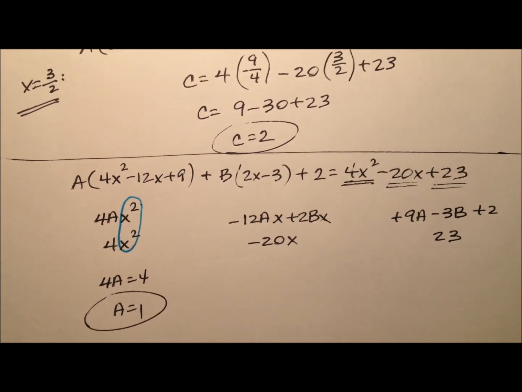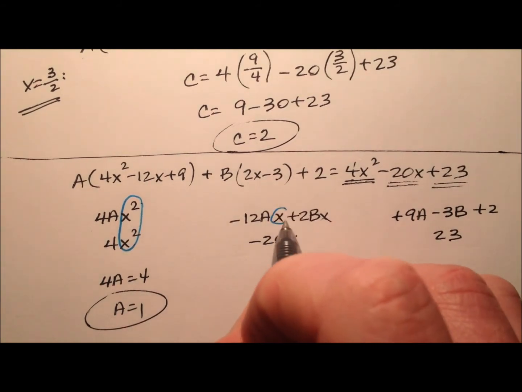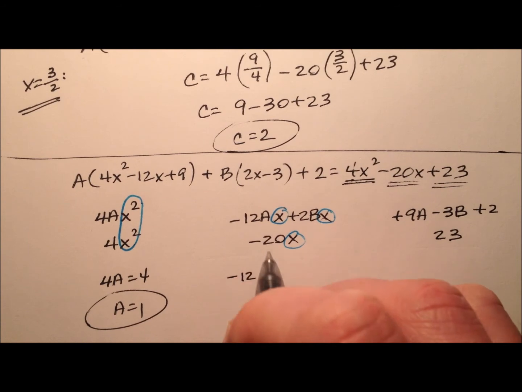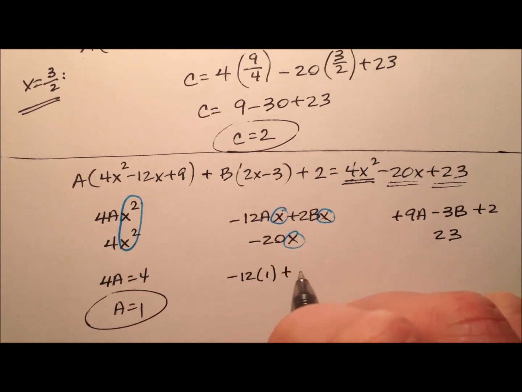If a is 1, let's put it here. Again, all of these have x's, so I can focus only on negative 12 times a, which was 1, plus 2b, and that equals negative 20.